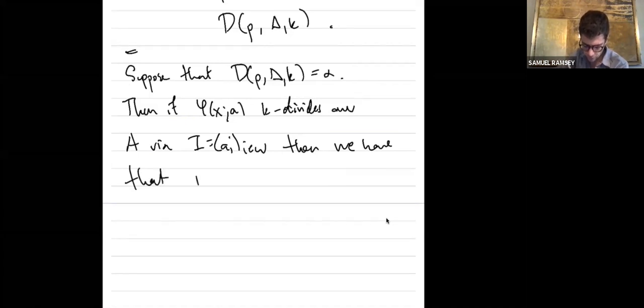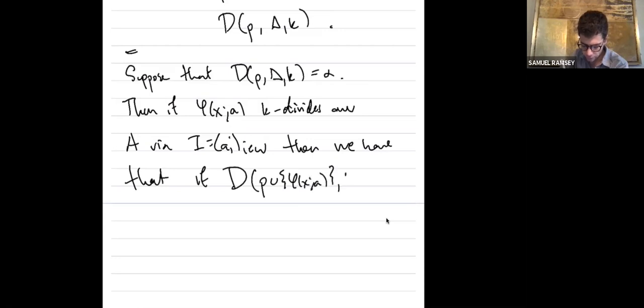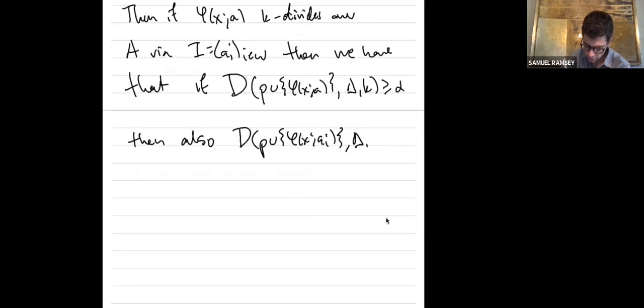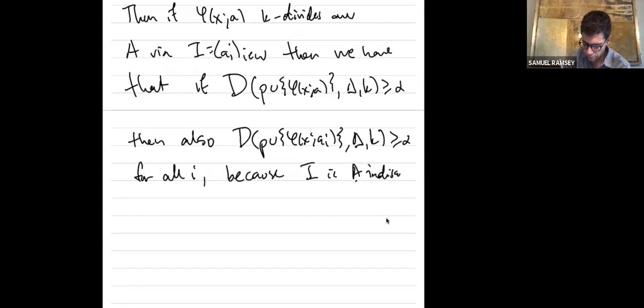If d of p union phi(x, a), k, delta is at least alpha, then also dp union phi(x, ai), delta, k is greater than or equal to alpha for all i, because the sequence is indiscernible.